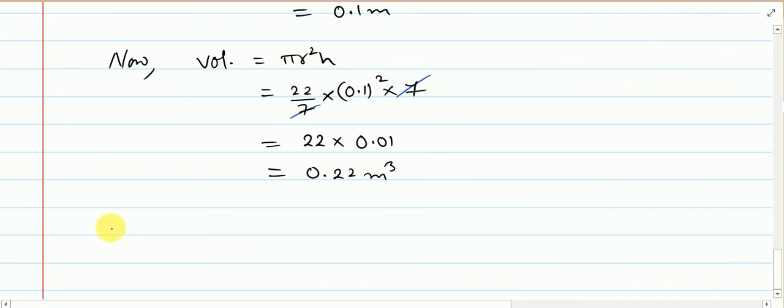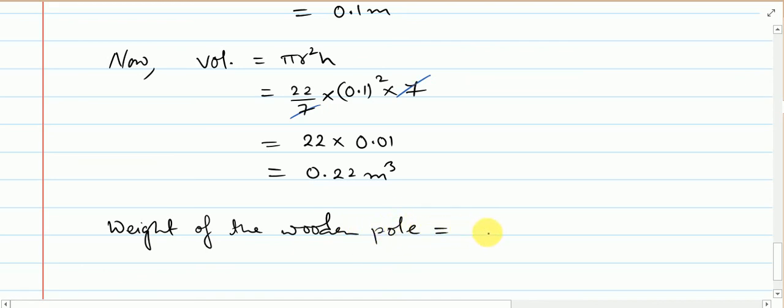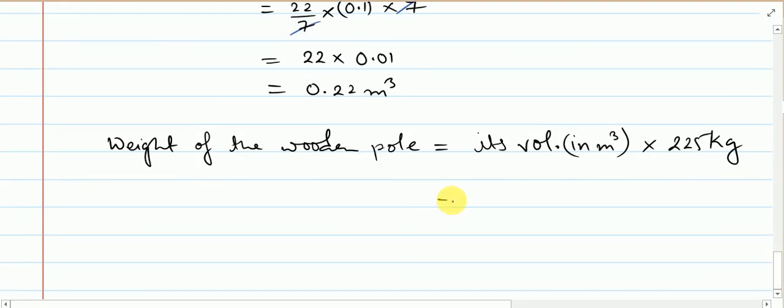Now we have to find its weight. Weight of the wooden pole will be equal to its volume in meter cube into 225 kg, because we know that weight for 1 meter cube is 225 kg.